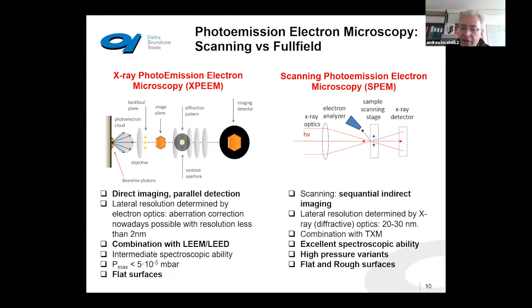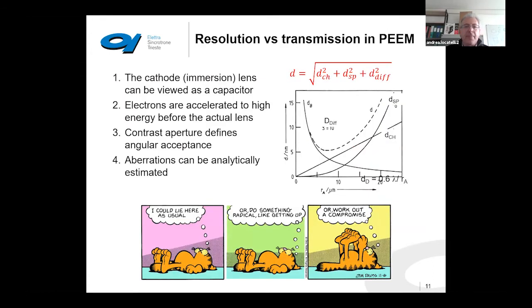There are even high pressure, or let's say near ambient pressure, variants of this technique. And whereas PEEM is suitable for working only with flat surfaces, here you can also work with rough surfaces and image things which are complex for the PEEM, like nanotubes.